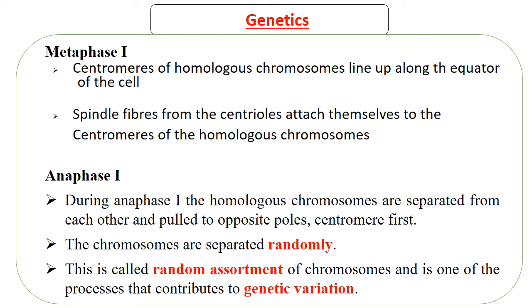So this random separation of chromosomes from the centromere, of course, when they are aligned at the equator, contributes to genetic variation, just like crossing over does. These are the interesting points of meiosis: crossing over and random assortment.